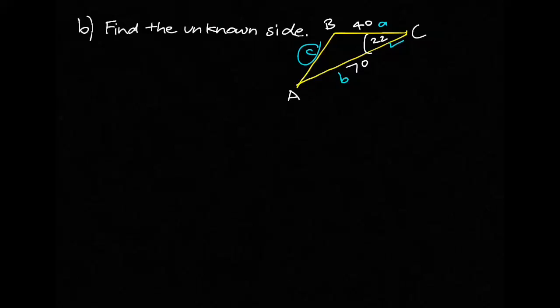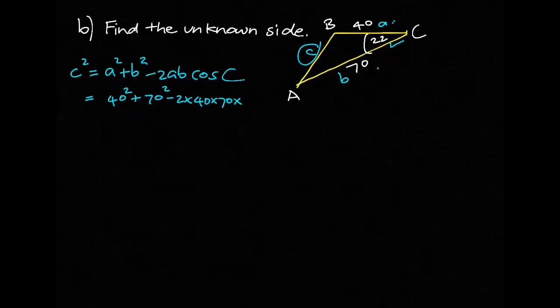We know the angle and we know the two adjacent sides, so we can use that same formula. c squared equals a squared plus b squared minus 2ab cos C, and that's equal to 40 squared plus 70 squared minus 2 times 40 times 70 times cos of 22, and that equals 1307.33. c is equal to the square root of that, which equals 36.16.